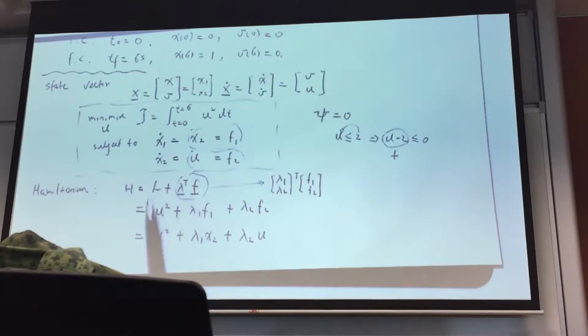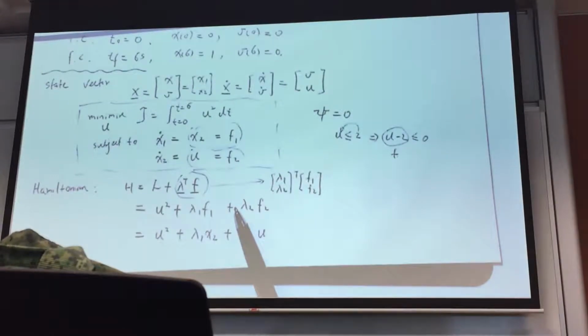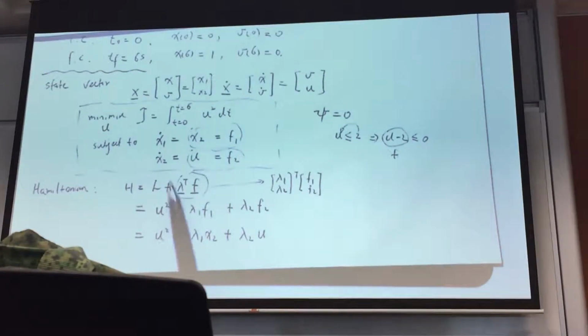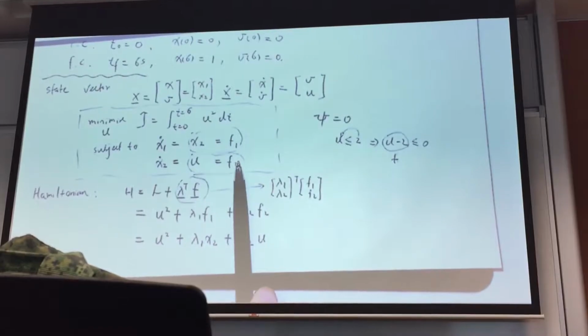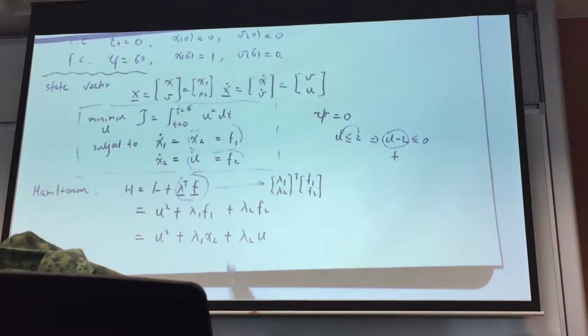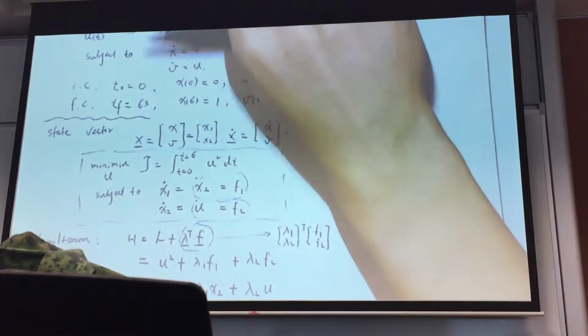This part looks straightforward, but it's very important. It's also very easy to make mistakes here. So we have H equals u squared plus lambda 1 x2 plus lambda 2 u. If this part is correct, then the following part is more straightforward to develop.